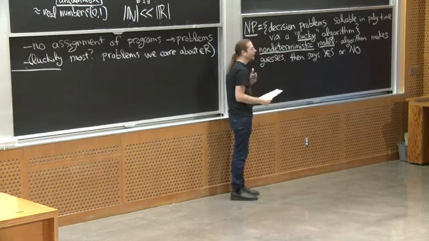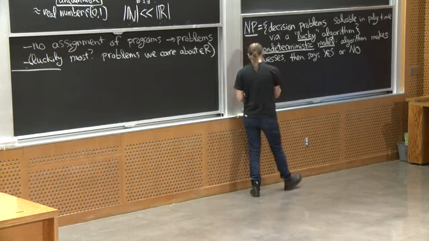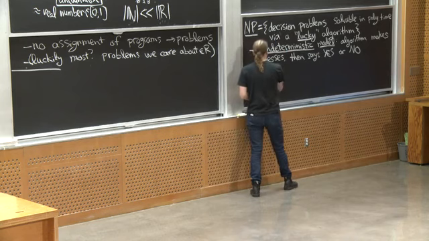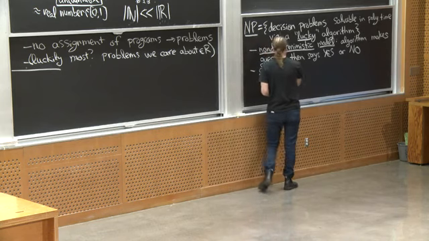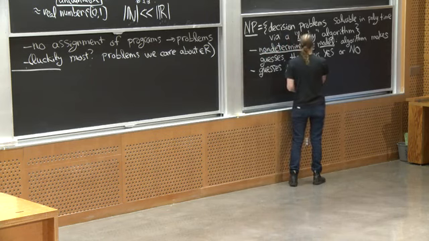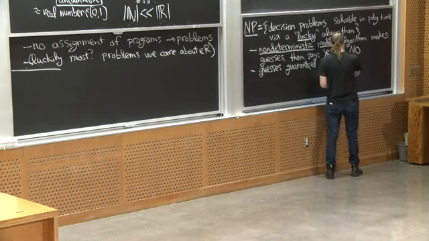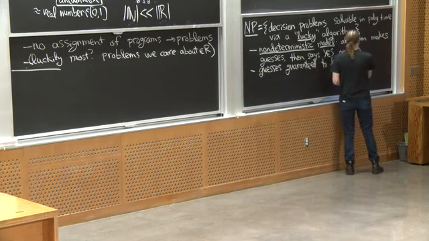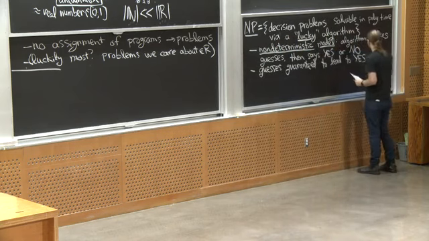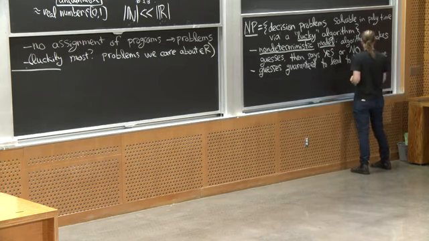And what does it mean to run that algorithm? What does it mean for the guesses to be lucky? Here's what it means: which way you end up going is guaranteed to lead you to a yes, if possible.